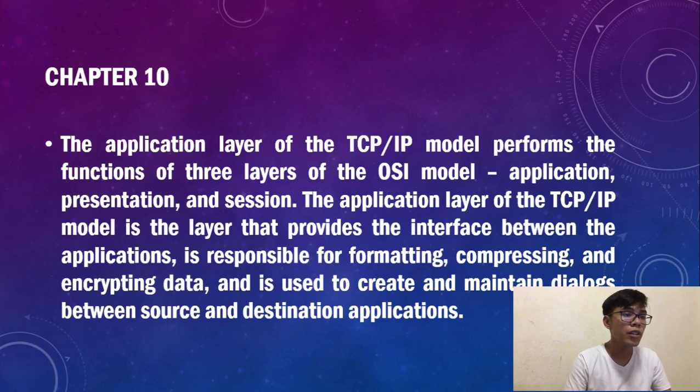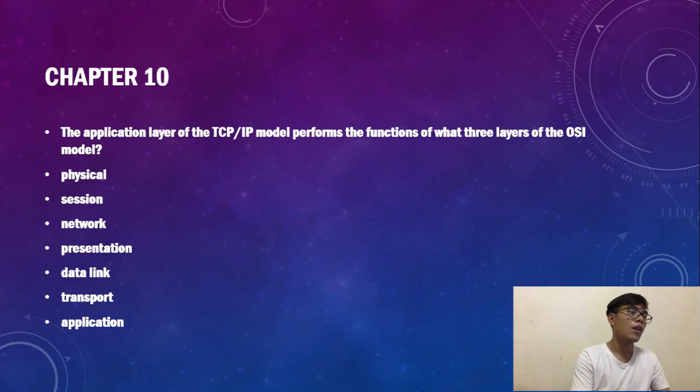The application layer of the TCP/IP model provides the interface between the applications, is responsible for formatting, compressing, and encrypting data, and is used to maintain dialogues between source and destination applications.